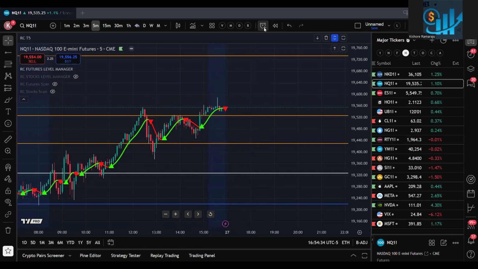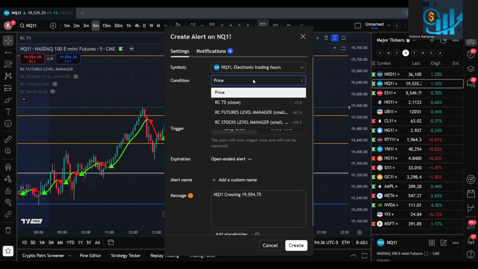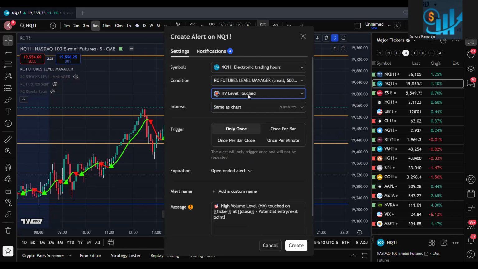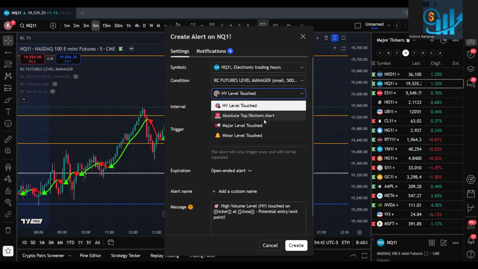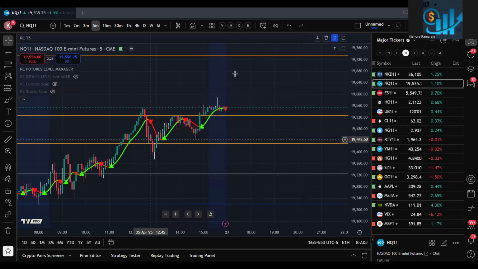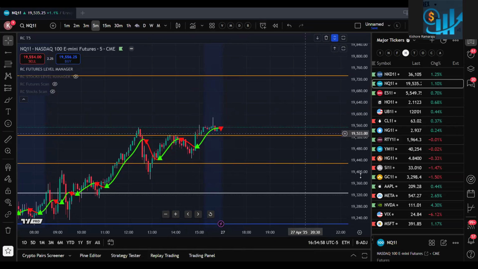Also, it will help you whenever something goes to the high volume area or absolute top, absolute bottom, or RD0, RD1, RD2, SD0, SD1, SD2, like that. Whenever some ticker goes to that level, because that is the level where either it can again go further up or it can start breaking out, breaking down. So that will help you.